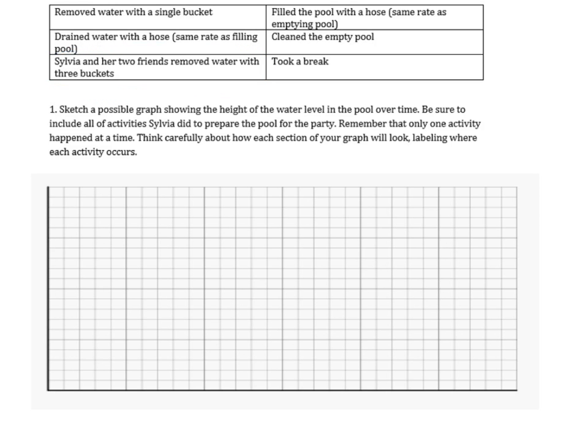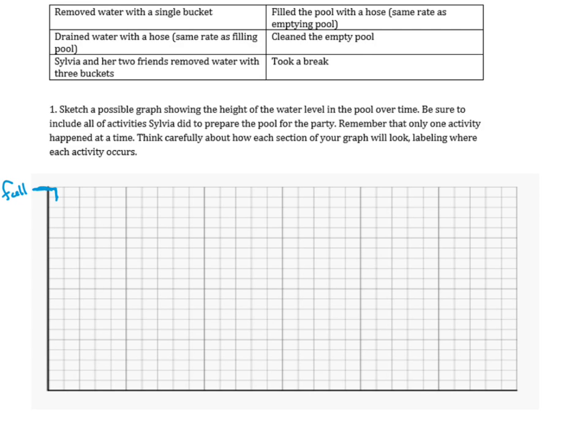Well, each of these kinds of motions with the water are going to look different in the graph. For instance, if you're removing water with a bucket, you can imagine, let's say here's full. Well, if you put a bucket in the water and you pull it out, that's going to be a pretty sharp decrease in the amount of water.